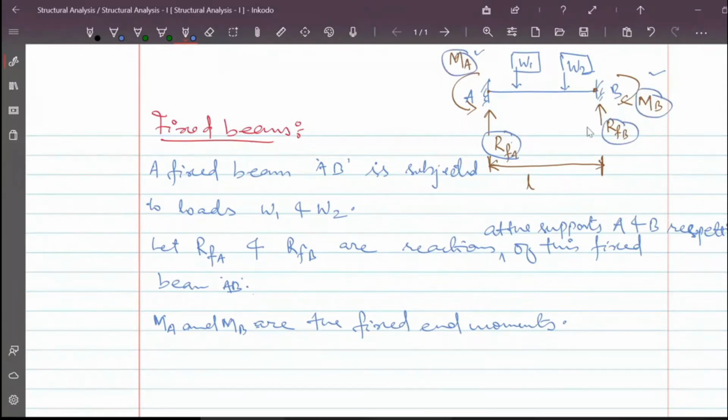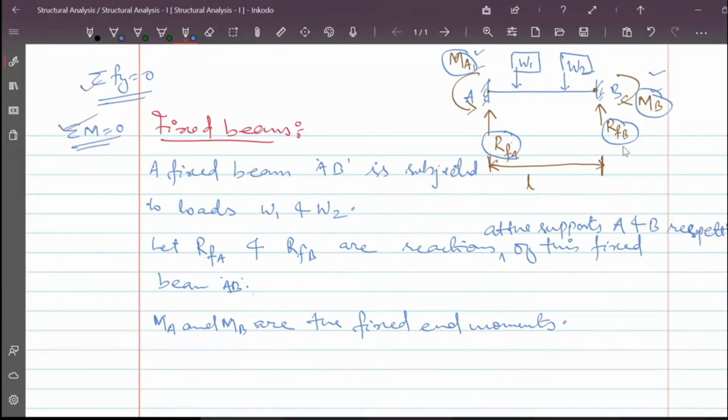And we know that we have two equations of equilibrium for this: summation Fy equals 0, that is one, and summation of moments at a point is 0. So we have two equilibrium equations and four unknowns.